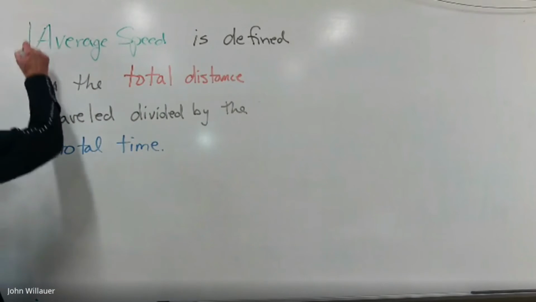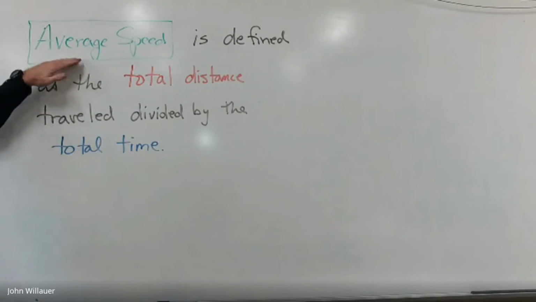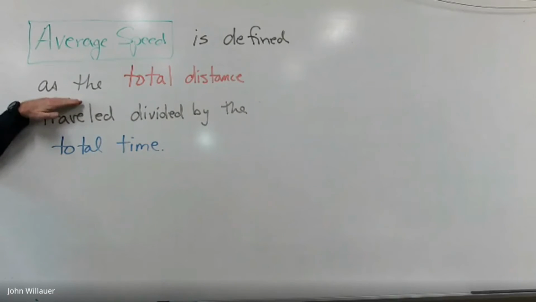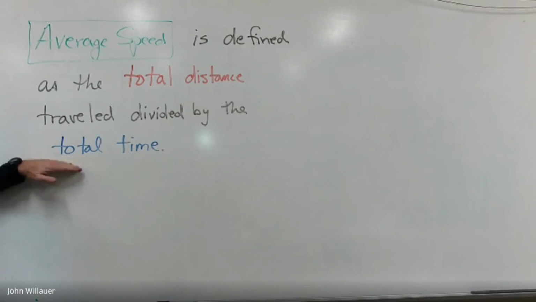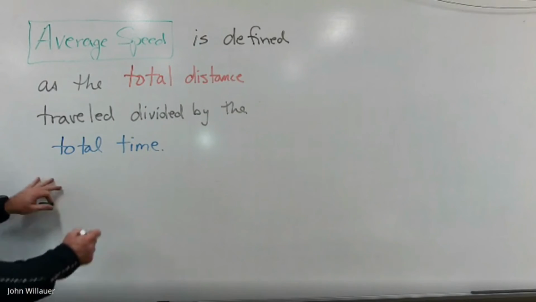Average speed. You should have this definition written down. Average speed is defined as the total distance traveled divided by the total time. If I were going to write this in an equation, it would look like this.